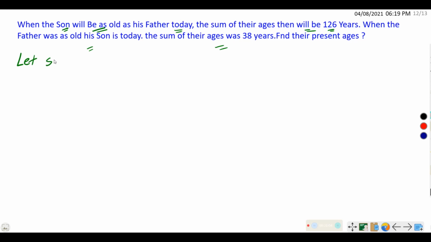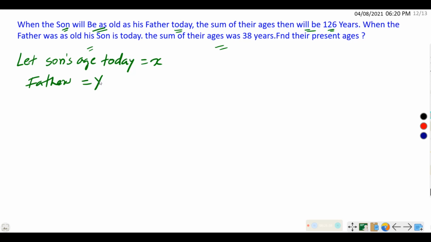Okay, let me go a little slowly and clearly. Let the son's age today be x, and the connection is not given between the son's age and the father's. So the father's age we have to assume separately, now y. Now the question says that when the son will be as old as his father today, the sum of their ages will be 126 years.